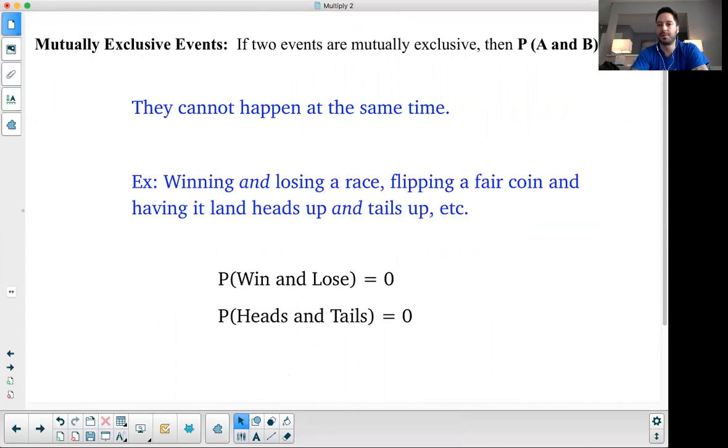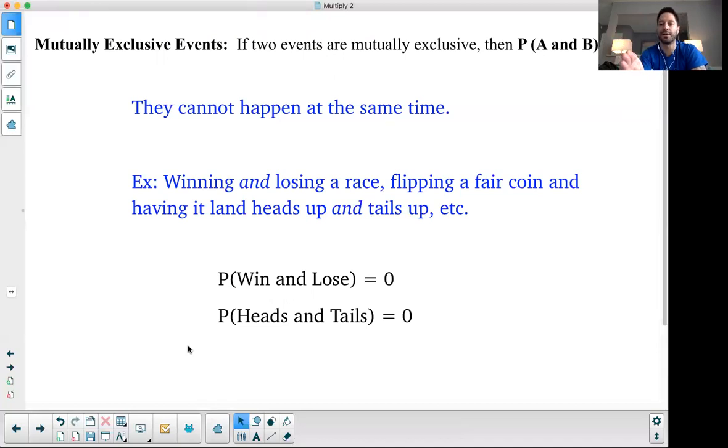So mutually exclusive is a different concept. This is if two events can't happen at the same time. For example, you can't win and lose a race at the same time, and you can't flip a coin and have it land heads up and tails up at the same time. Now, some people are going to get wise and say, oh, well, it can land on the side.